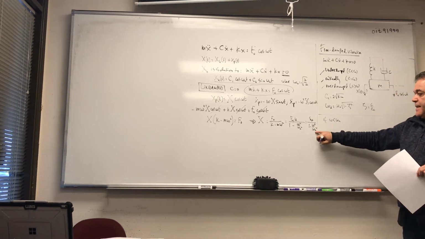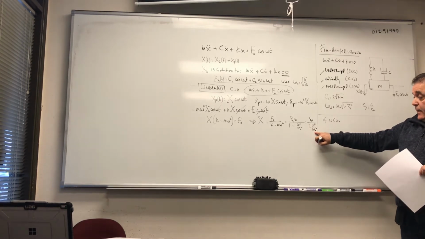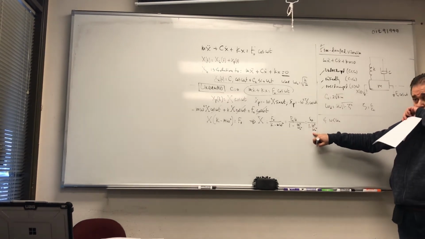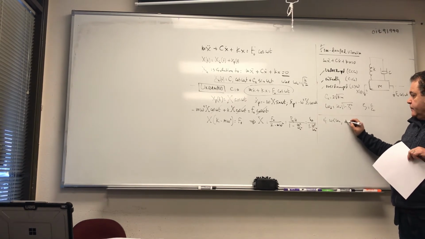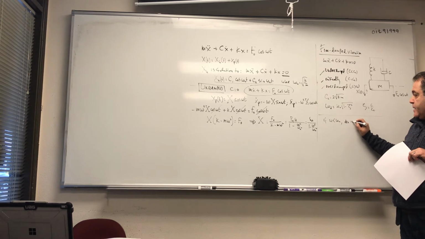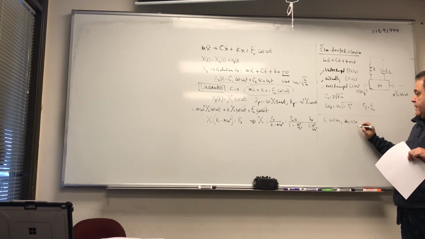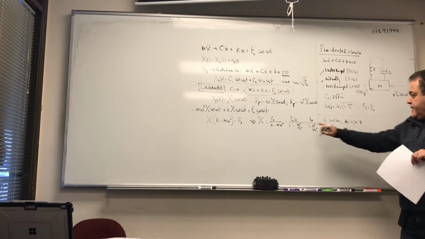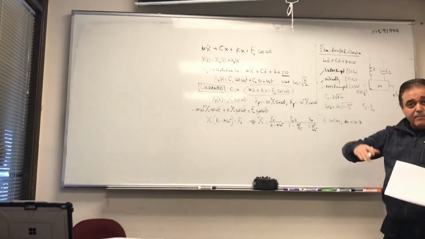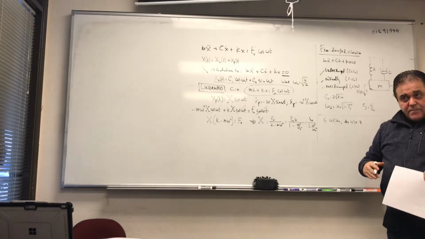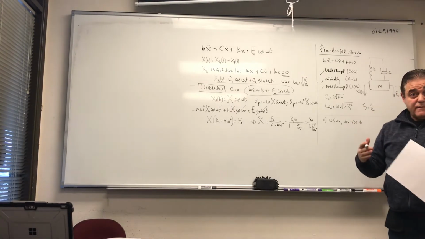Is the denominator here positive or negative? It's positive. Denominator is positive, right? That means that x and delta st will have the same sign. Both of them are positive.